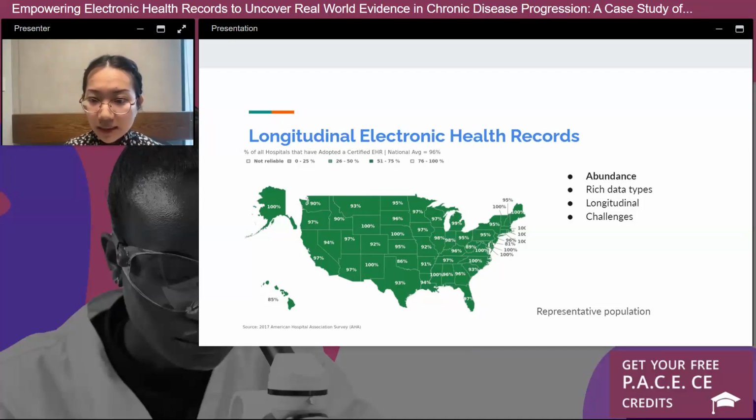You can see that on average, the US has about 96% of hospitals that have already adopted a certified EHR system. So you would have a very representative population across geography.